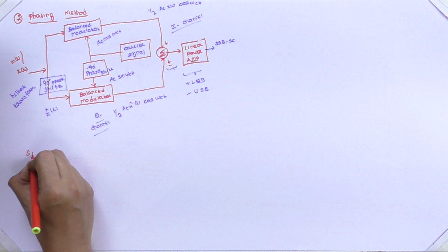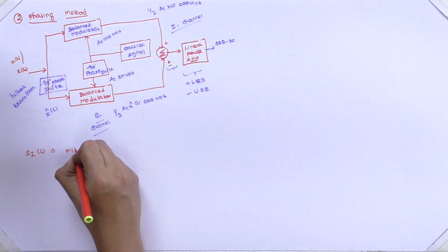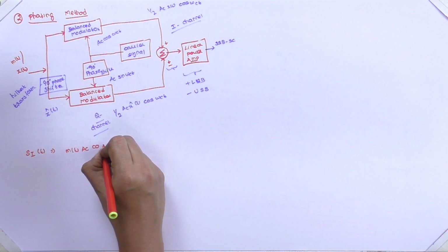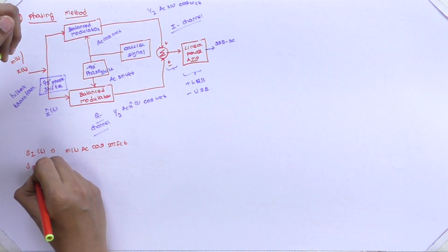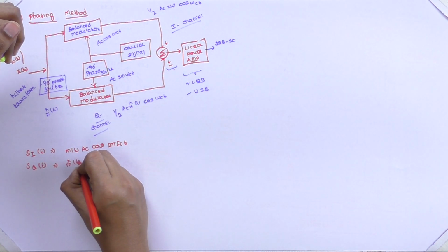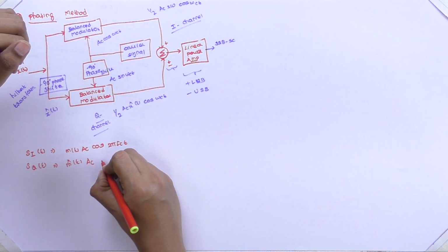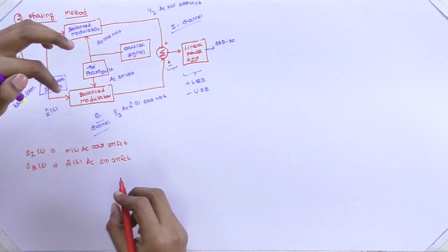Therefore, our signal via the in-phase channel is given by SI of t equals m of t Ac cos 2 pi fct, and SQ through the quadrature channel is m cap of t Ac sin 2 pi fct.